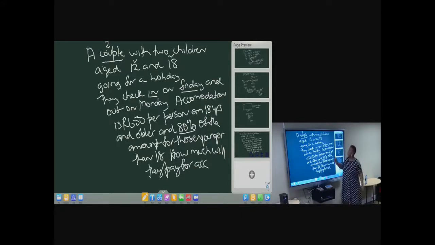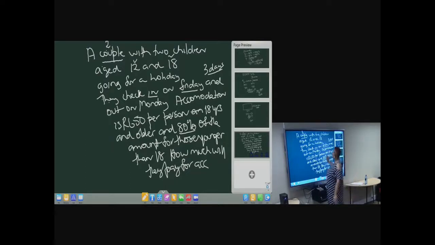So if you are checking in on Friday and checking out on Monday, you sleep on Friday, on Saturday, on Sunday. So that is 3 days. Whenever you are given a scenario, you have to make your own notes so that they can lead you on how to answer the question.